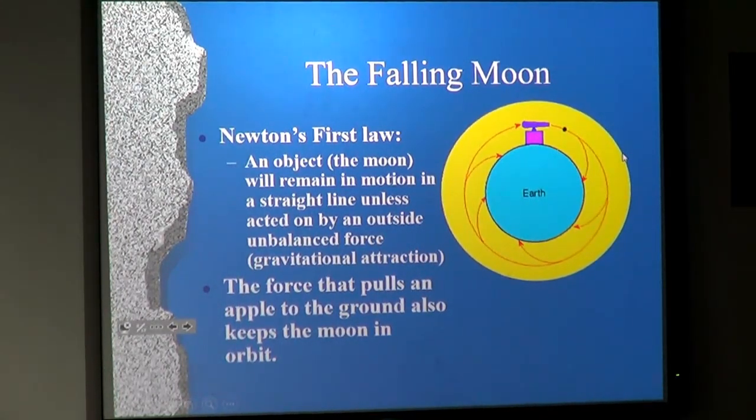Make sense? Yes. It's the same force. The only difference between those objects is going to be what? How heavy they are, or the distance between the objects. We talked about that in the previous class. Yes or no? Yes. Perfect.